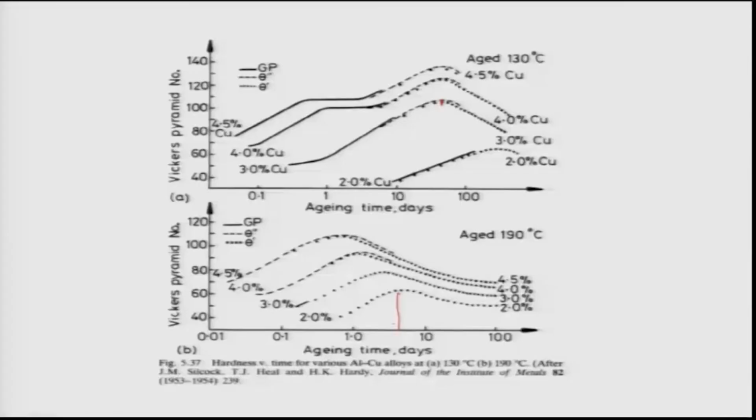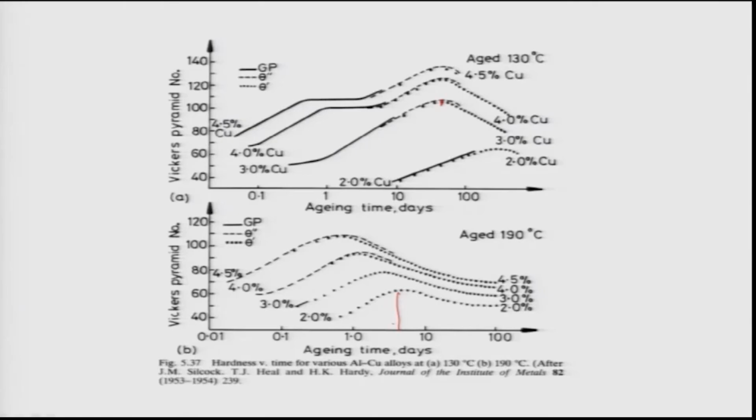But if you want to reduce the time quite a bit by increasing the temperature very high, it leads to coarsening of the precipitates very rapidly. That is also a problem. So the optimum temperature of heat treatment for most of these alloys during aging is something around 150 to 170 degrees Celsius. So 190 is a little on the higher side, 130 is on the lower side. So these particular view graphs tell you that this aging treatment must be done with the optimum selection of temperature.